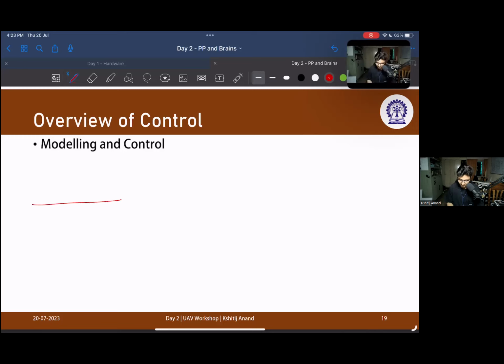So let's say we have a classic setup. This is a fixed wall and this is a fixed surface.